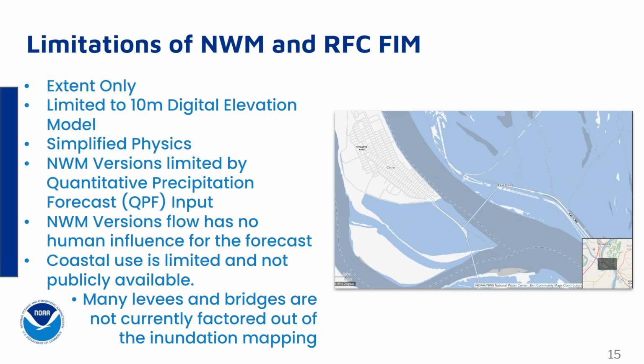Lastly, this bullet here: many bridges are not currently factored out in these maps. Levees are. So if anything's in the National Levee Dam database, they are accounted for in these outputs. But the bridges are not. So you might have an elevated bridge, such as 99.